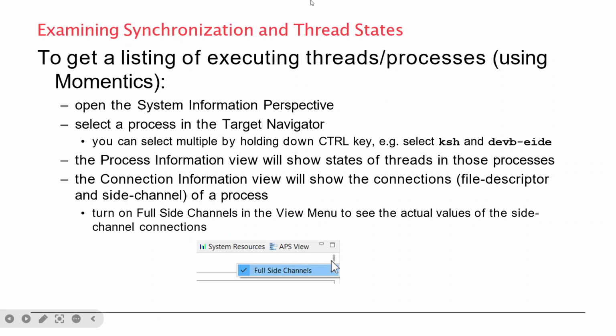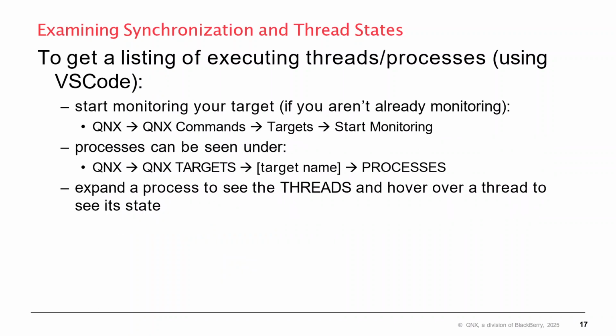If we want to get the listing of processes or threads in QNX, we can go to the target navigator, the information processing system. There we can view all the states of threads in this process. On QNX, we can go to QNX commands, targets, and start monitoring.